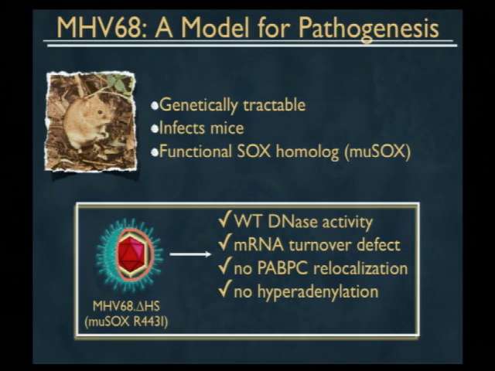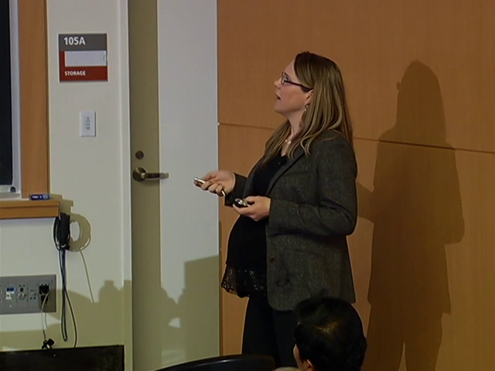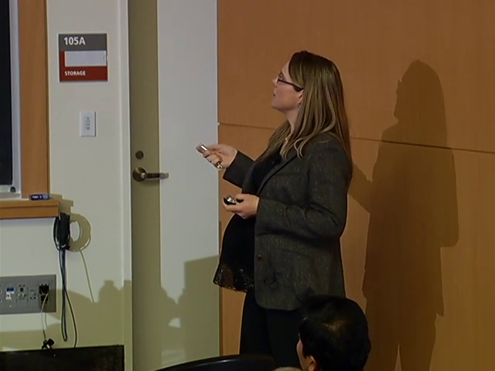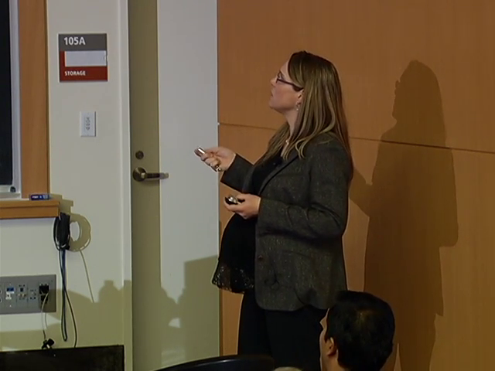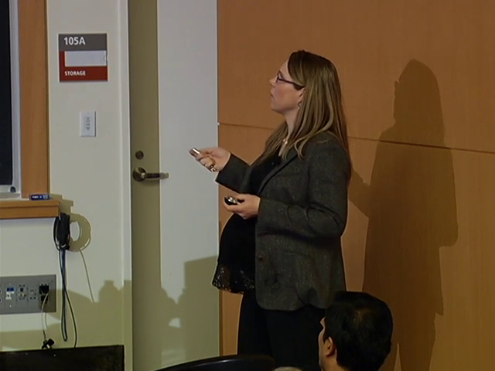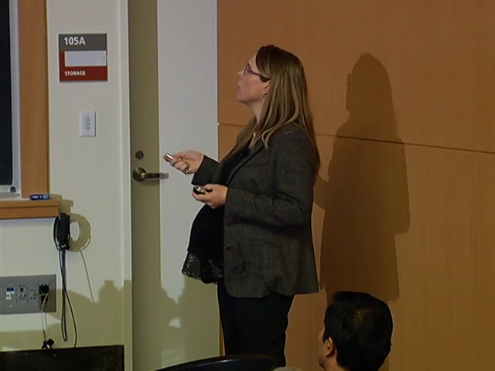And remember, this is critical because if you get rid of both activities, you're just going to kill viral replication because DNase activity is essential for the mechanics of viral replication. But instead, this mutant, while it has wild-type DNase activity, is defective for all of the hallmarks of host shutoff, including messenger RNA turnover, PABPC relocalization, and hyperadenylation.